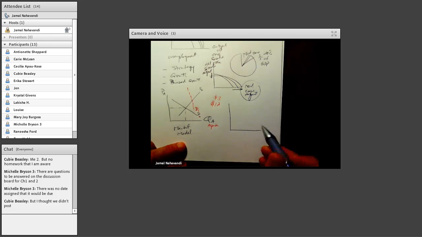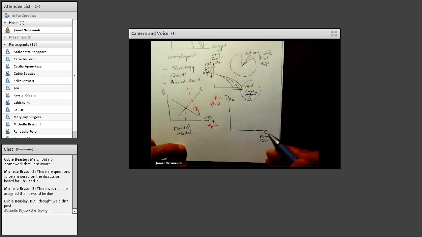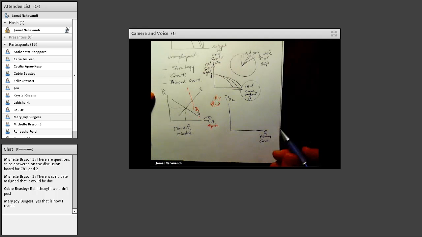So let's look at one particular product and then look at this cost structure and the supply curve. Let's say quantity of primary care, and this would be price of primary care. Let's say this primary care happened to be common cold.